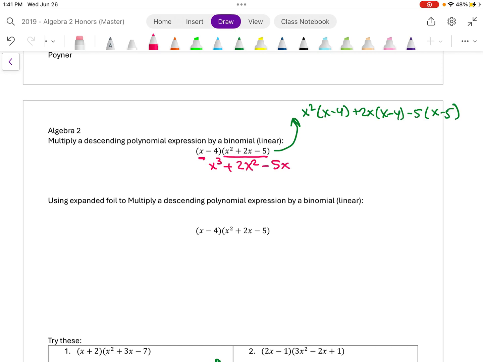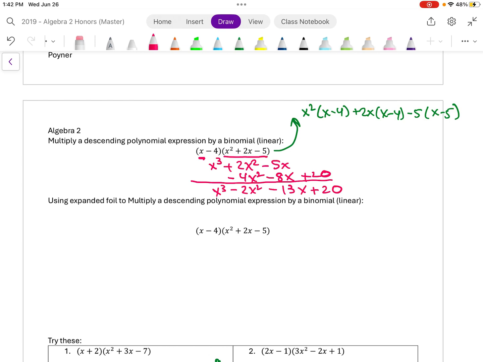And then they're going to do the same by negative 4, multiply every term in the trinomial by negative 4, but they line it up under like terms. So they write negative 4x squared, lining it up under the next like term, then negative 8x, and then plus 20. And then draw a line and combine. We get x cubed minus 2x squared minus 13x plus 20.